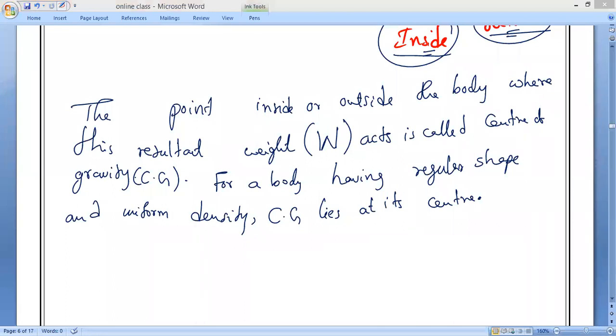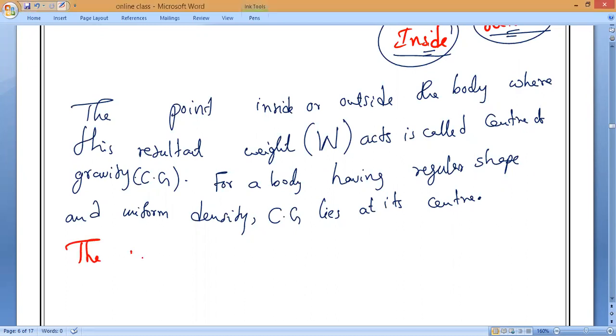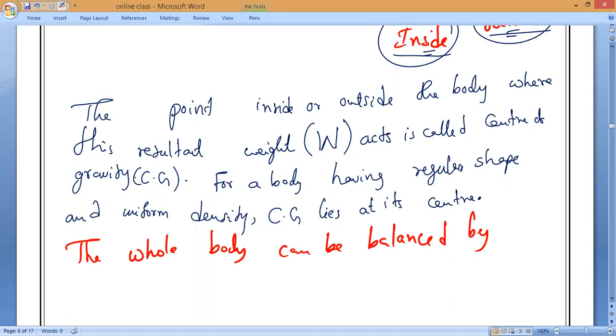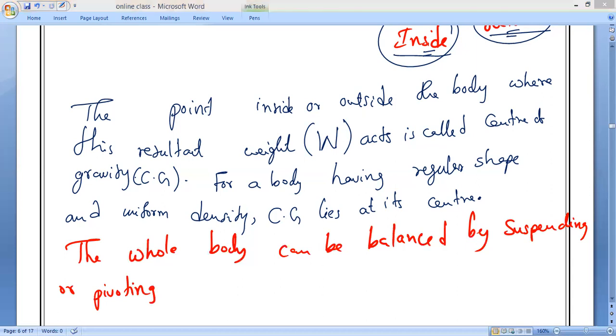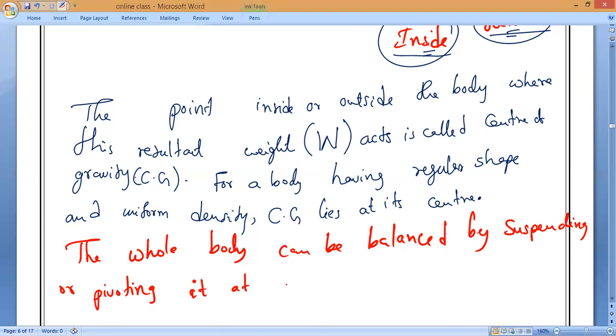The whole body can be balanced by suspending or pivoting it at its center of gravity.